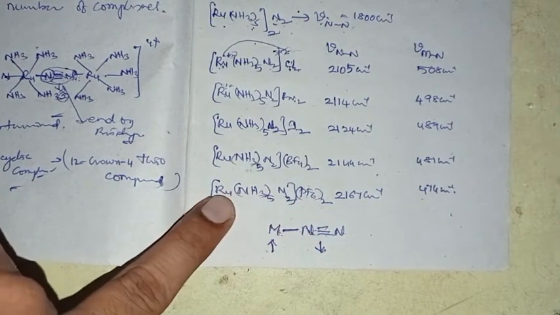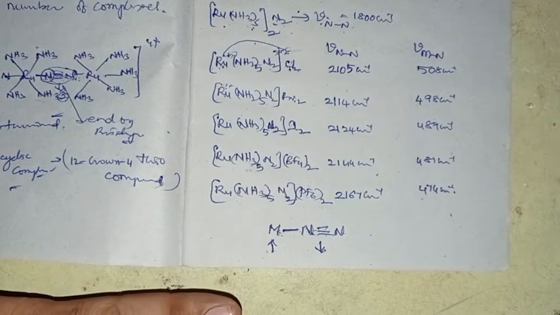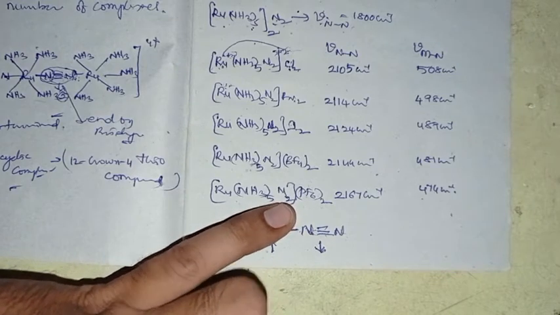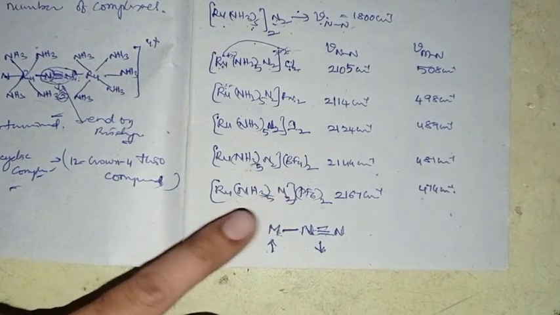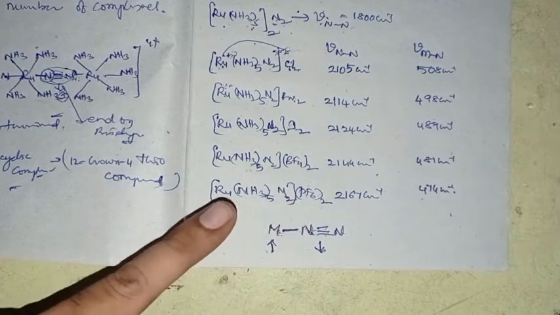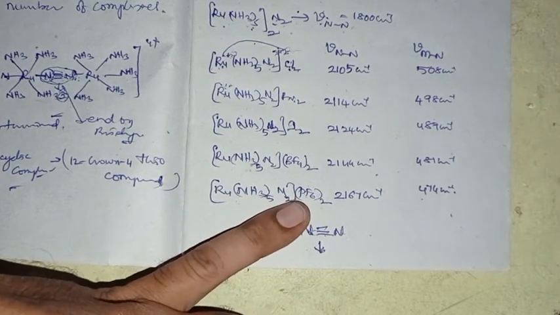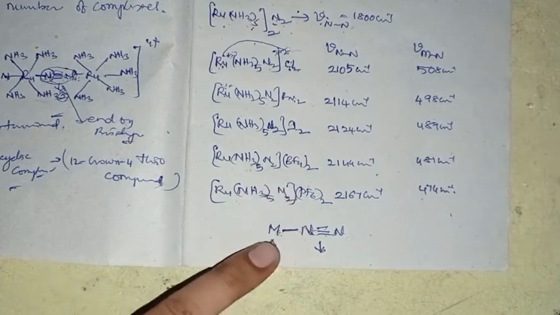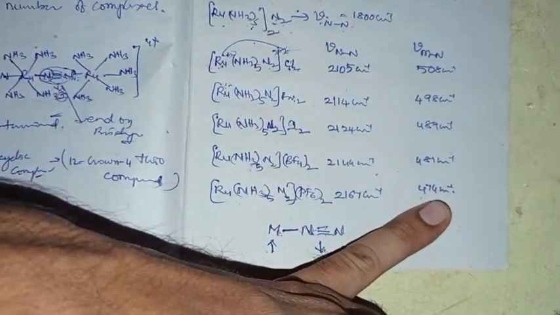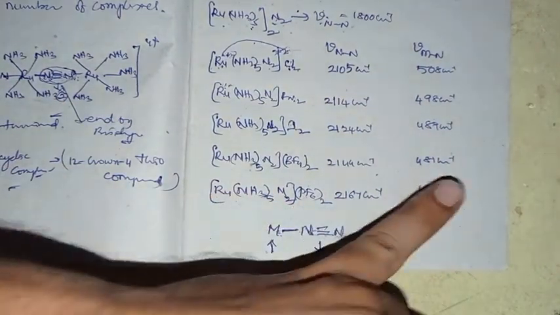So when ruthenium has lesser electron deficiency, it cannot effectively bind with the dinitrogen. So the ruthenium to dinitrogen bond will be a weaker bond here, right. When there is a weaker bond in the last complex, the metal to nitrogen stretching frequency will be the least in the fifth complex, right.